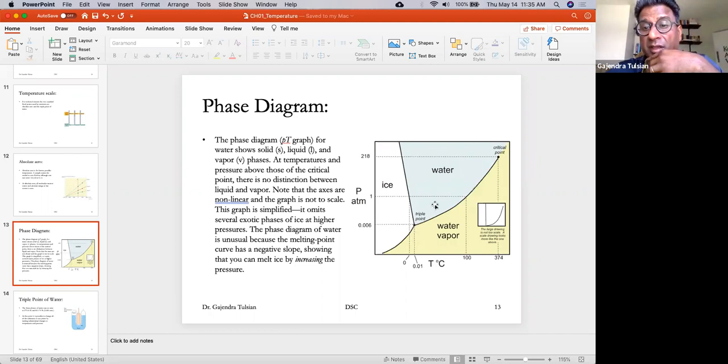And this phase diagram is an equilibrium phase diagram. So this tells you the triple point, where at this temperature and this pressure, which is 6,000th of an atmosphere, so very low pressure, all 3 phases can coexist.